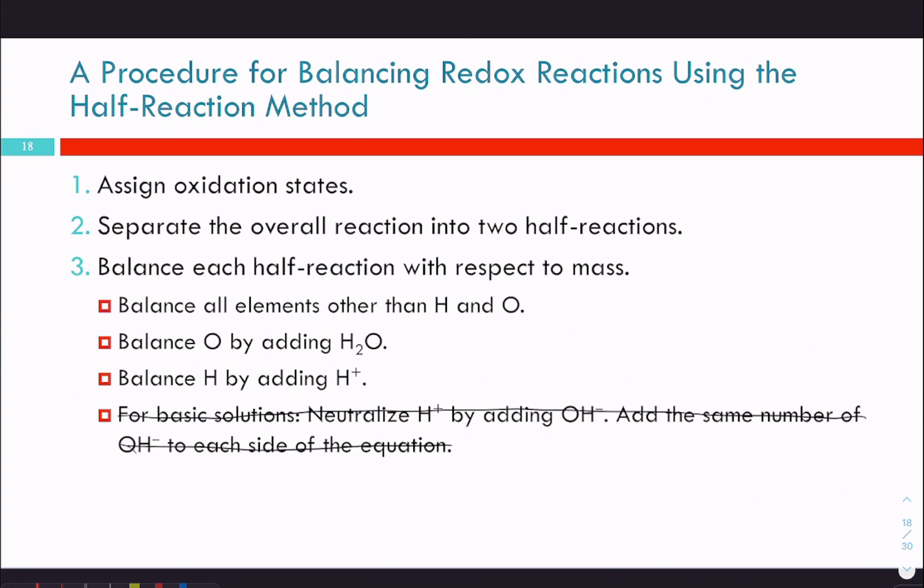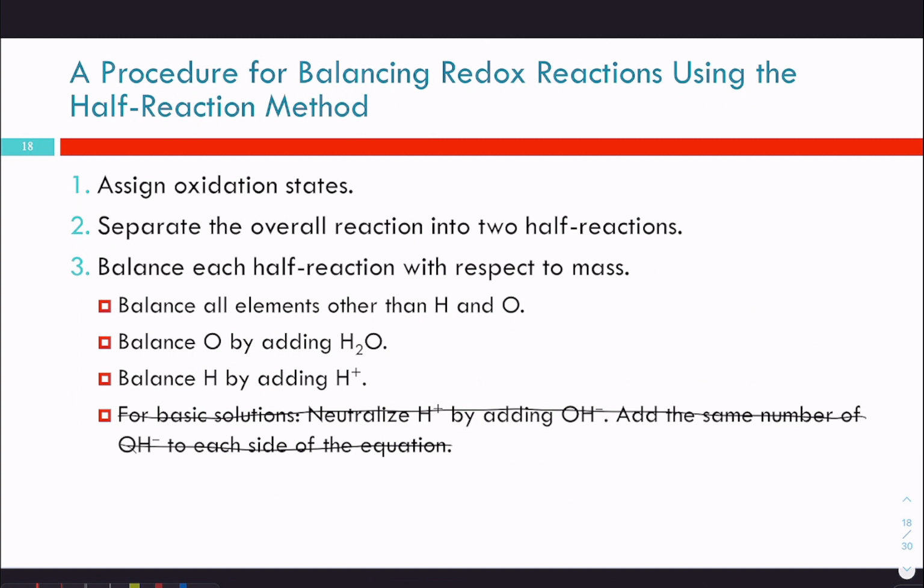So the procedure overall is: assign oxidation states, separate the overall reaction into 2 half reactions, right? Oxidation, reduction reactions. Balance all elements other than hydrogen and oxygen. Then, if you have to balance hydrogen or oxygen, you balance oxygen first by adding water to one side. And then you balance hydrogen by adding H+ to one side.